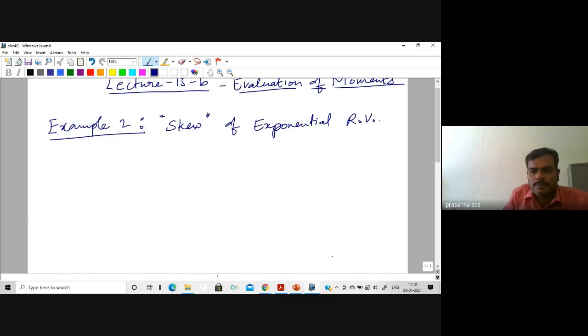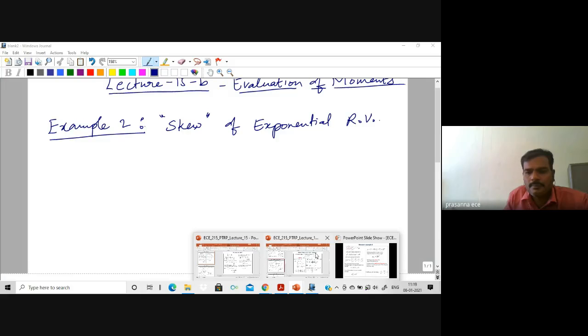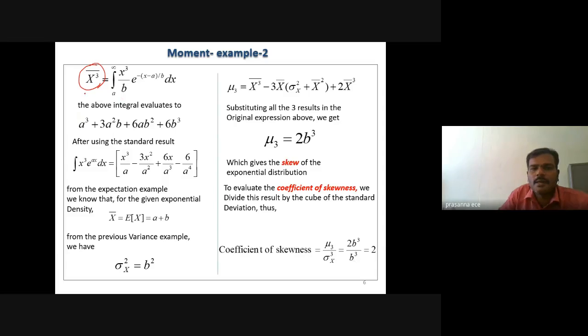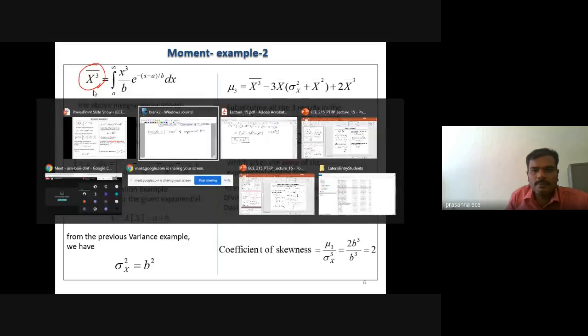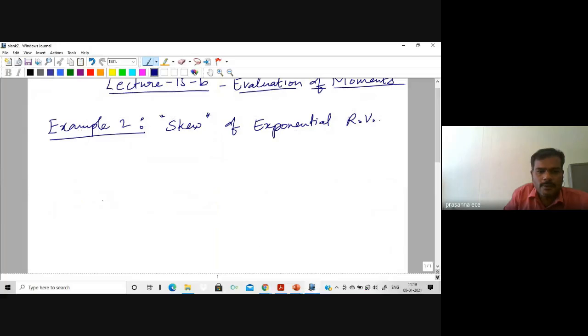I'm directly going to start from this, that is x bar the whole cube. We now want to evaluate x cube the whole bar, which is nothing but expectation of x cube.